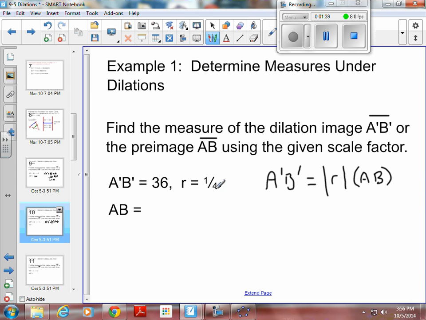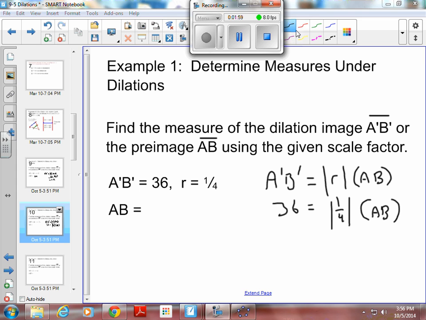So I'm going to fill that in. So the 36 is going to be equal to absolute value of 1/4 times whatever the distance of AB is. Well, the absolute value of 1/4 is still 1/4. And to get rid of multiplying by a 4th, you would multiply by 4.